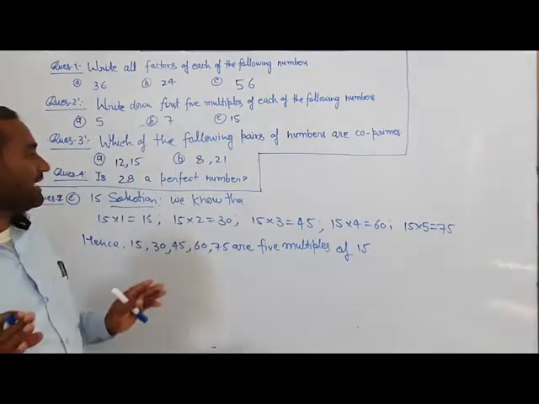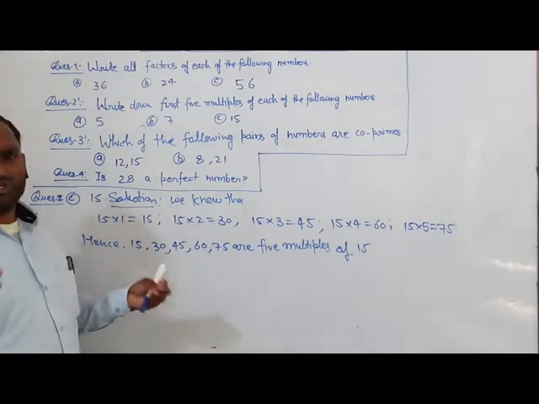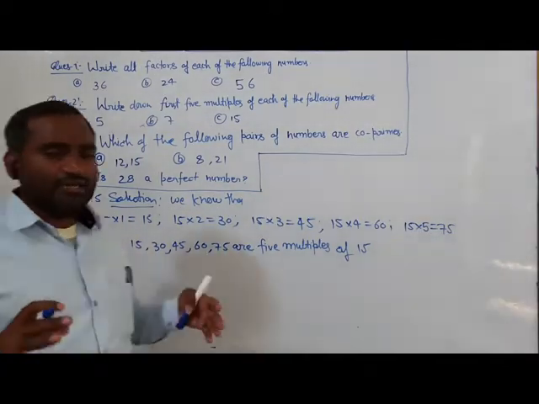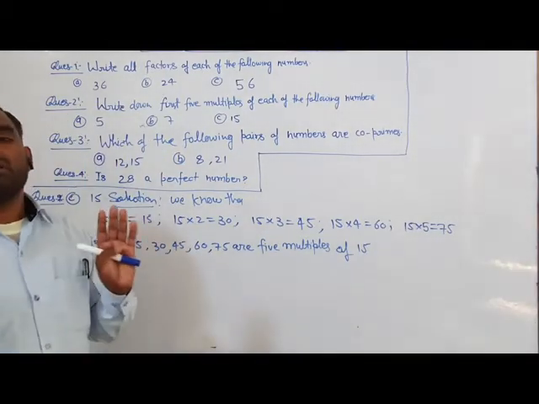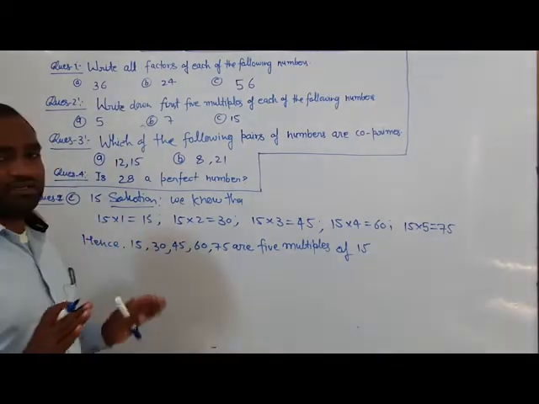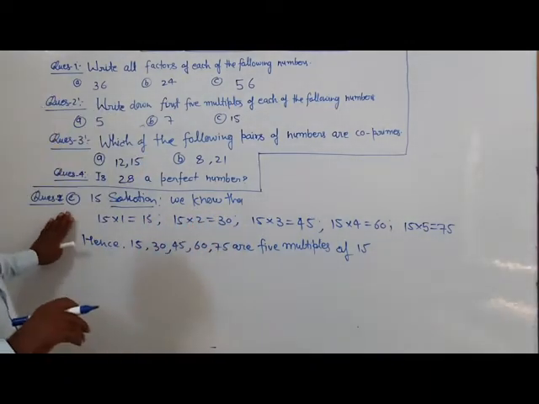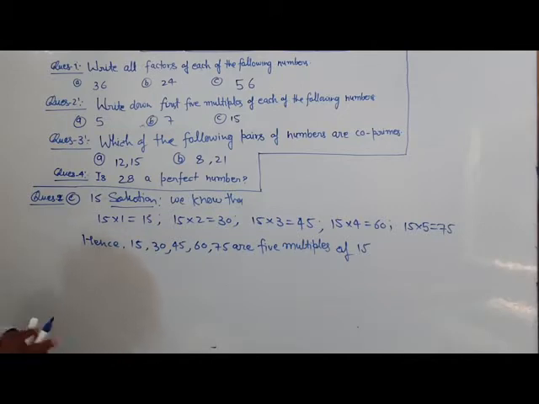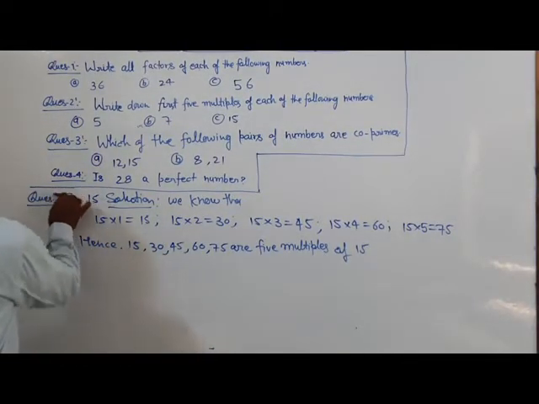In this way, you can get many multiples of 15, because the multiples of any number are infinite. So this is question number 2. Now we solve question number 3.